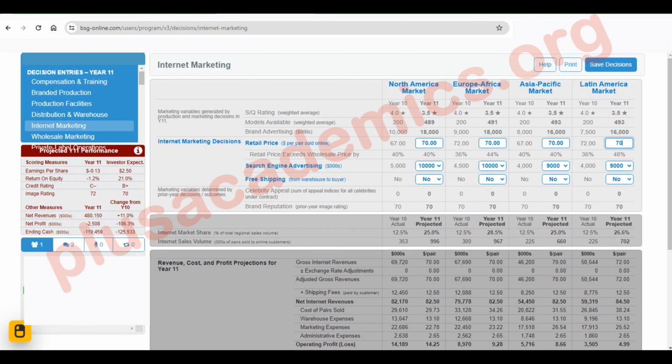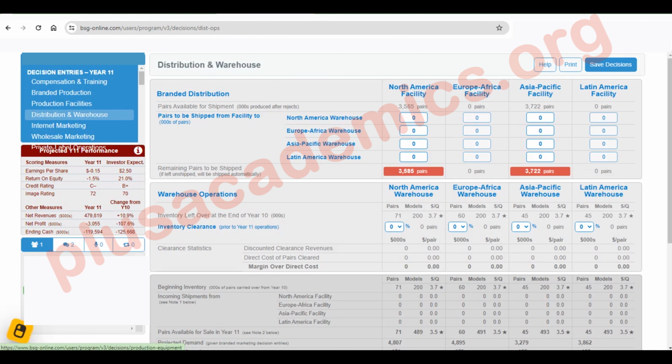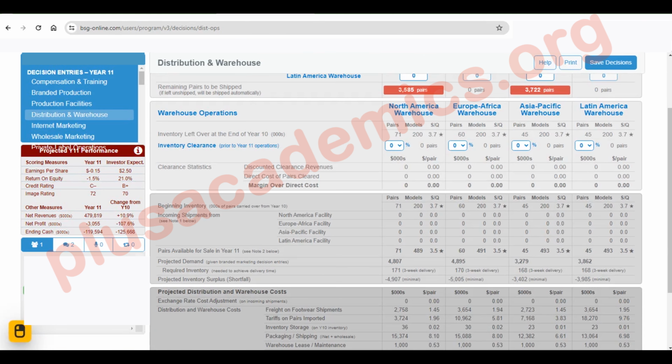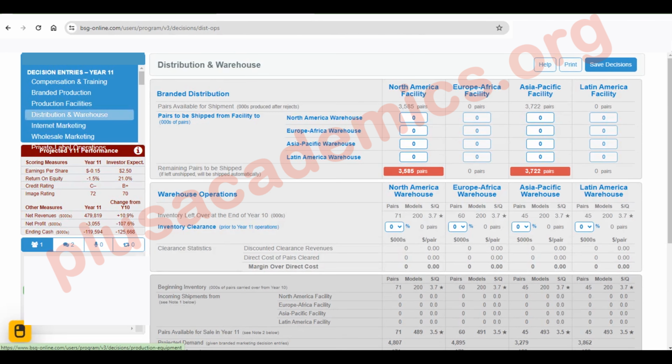Okay, now we can go back to distribution and warehouse, and you can see in North America we have a demand of about 4,907, and that's the demand we are supposed to meet. So first of all, let us go back to branded production, and let us increase pairs to be manufactured in 11 to maximum in North America and also in Asia Pacific.